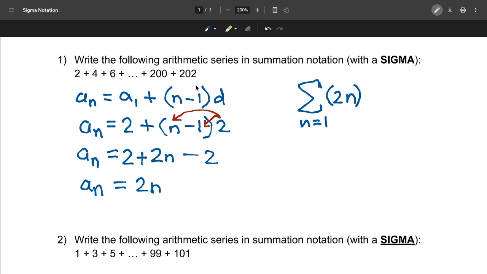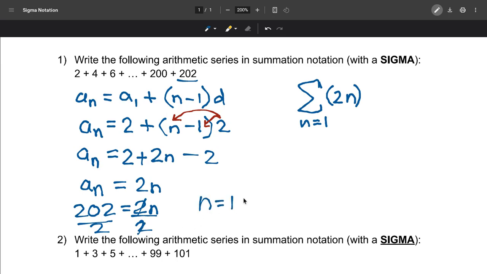So what we can do is we can take the last term and substitute it in for a sub n, and that's going to allow us to solve for n. So we're going to say 202 here equals 2n, and we'll divide by 2. 2's here will cancel, and we'll get n equals 101.